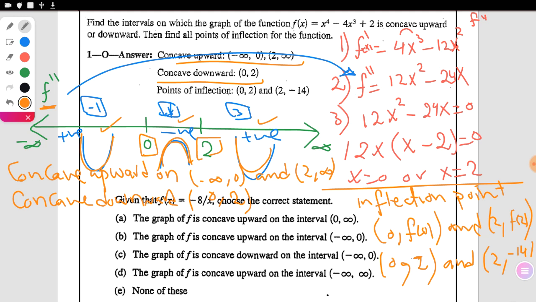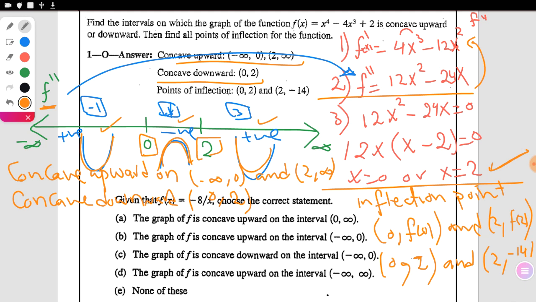Again, concavity, second derivative. I have to find the second derivative. How to get it? By differentiating the first derivative. Then find the zeros, because I'm talking about a polynomial. I'll find where the second derivative equals 0 or does not exist. But since we are talking about a polynomial function, I will find the values of x at which the second derivative equals 0.